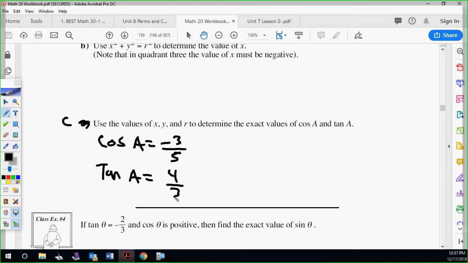How do you know that y is negative? Because it says we're in the third quadrant in the very beginning. So since we're in this quadrant, negative x, negative y down here, right? R is always positive for these problems, because r is defined as a distance out from the origin.